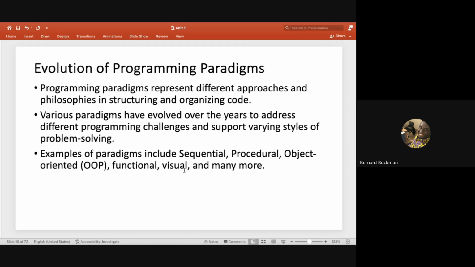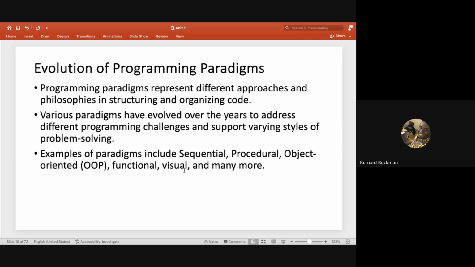With the evolution of programming languages has also come the evolution of what we call paradigms, the styles, the ways in which we pick the programming language and write in them. We've had several changes in the way programming is done. We went from sequential to procedural to object-oriented to functional to visual to, in fact, declarative.